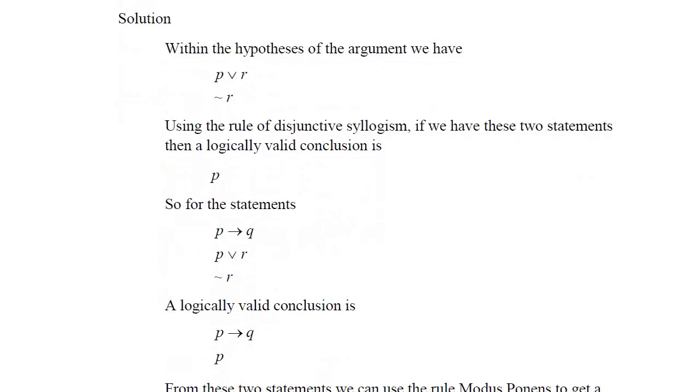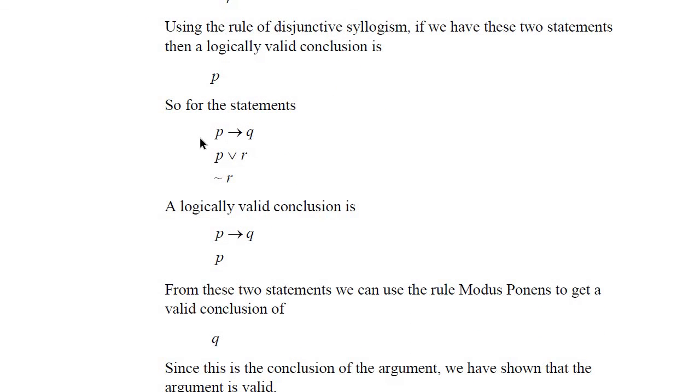So, for those three hypotheses that we started with, if P then Q, P or R, and not R, a logically valid conclusion is these two statements, if P then Q, and P. Now, from these two statements we can use the rule modus ponens, which says if P then Q, followed by P, then I can conclude that Q is a valid conclusion.